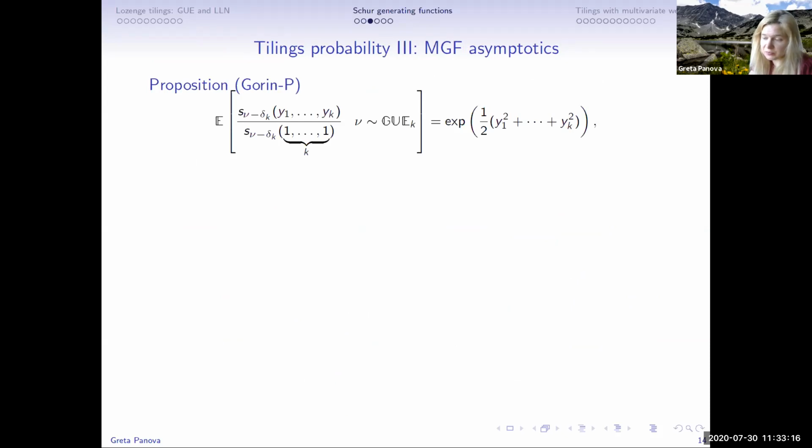So how do we prove, for example, the Gaussian unitary ensemble distribution? Well, we can form the same Schur generating function, but this time our random variable is not the positions of the lozenge tilings, it's the eigenvalues of a GOE matrix. It's just mu, the eigenvalues of a GOE matrix.